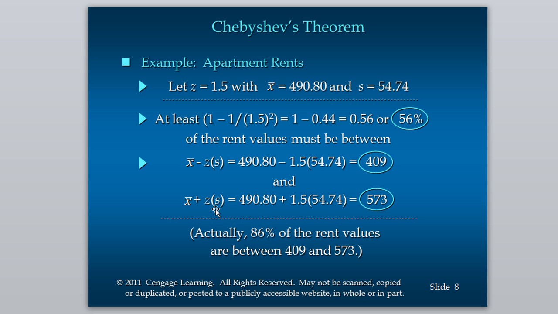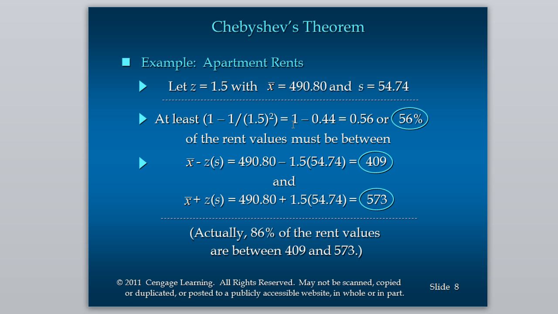If you do x bar, which is the mean, plus 1.5 s, then we have 573, another number. So the interval between these two numbers will cover at least 56% of the entire data set.